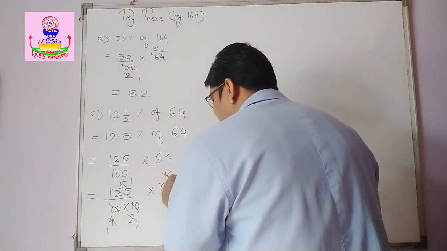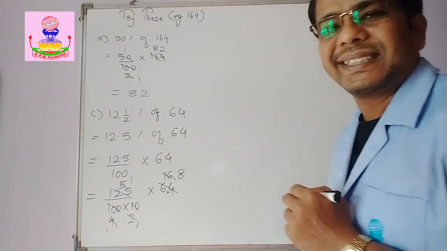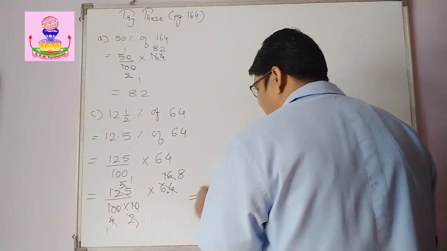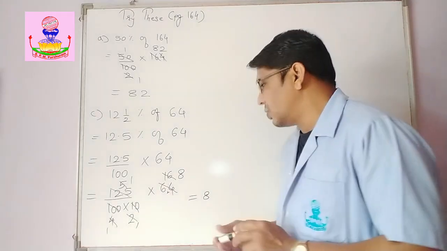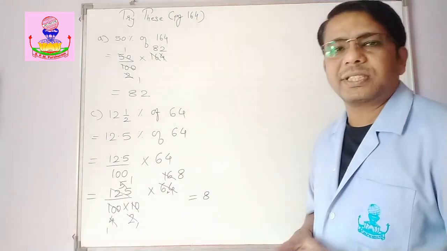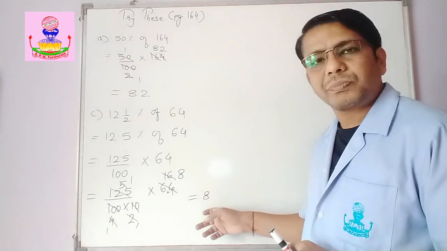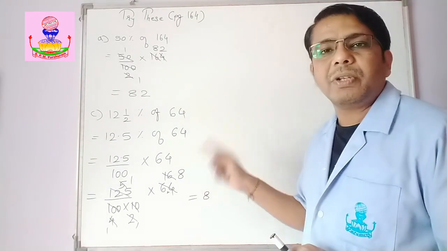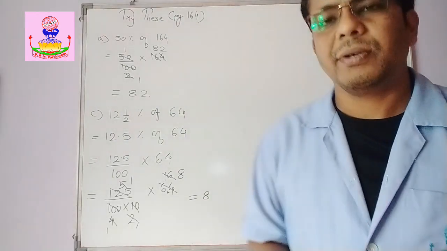And 2 1s are 2, 2 8s are 16. So answer is 8. So 12.5% of 64 is 8. Example B, you will solve it as homework.